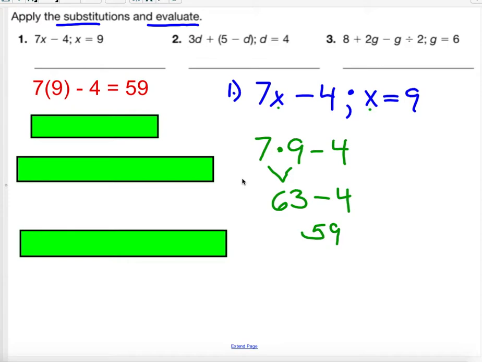When we replace the variable x, it becomes 9. And you can see what our expression would look like if we set it up using the value of x.